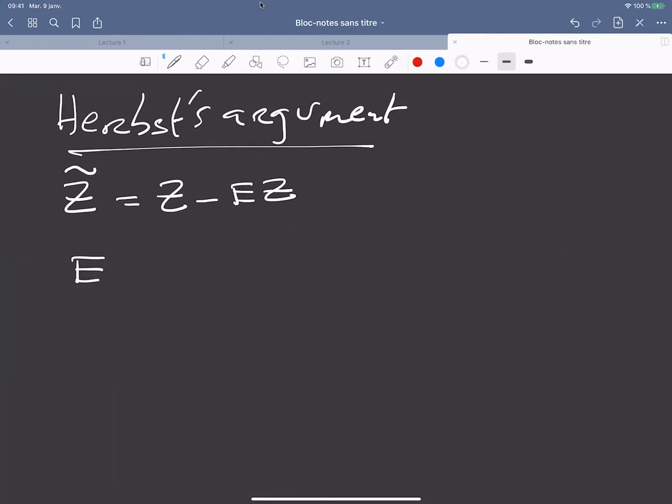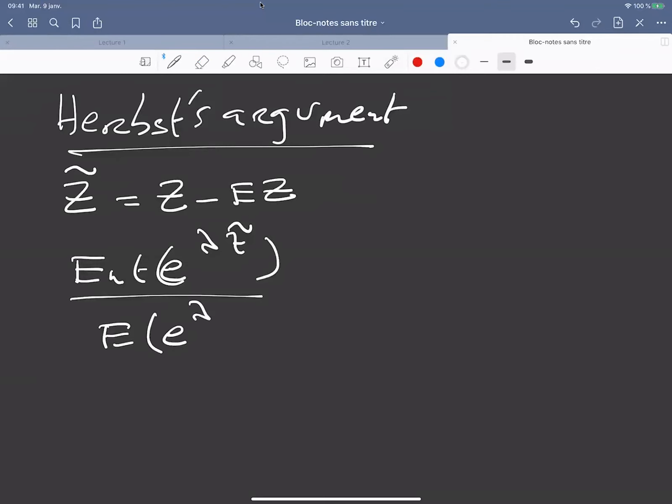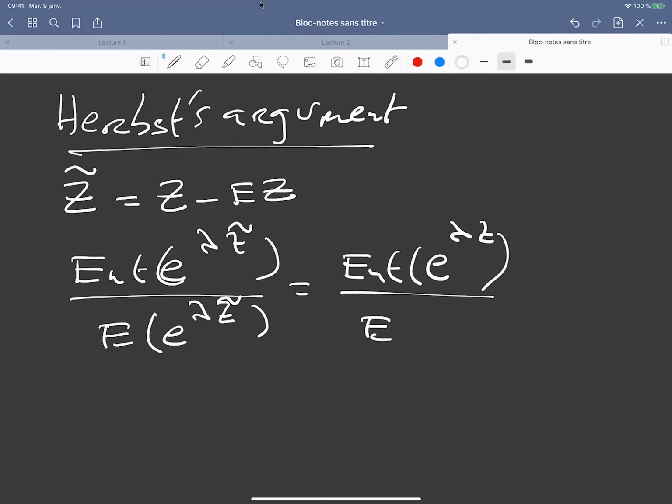If we do this, the ratio between the entropy and the moment generating function does not change at all. It is a homogeneous quantity here. So this means that this quantity is also less than lambda square V over 2.